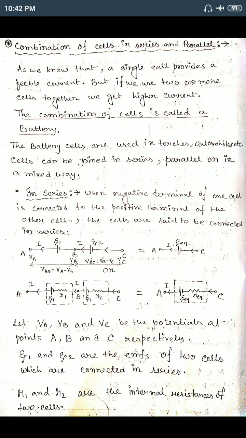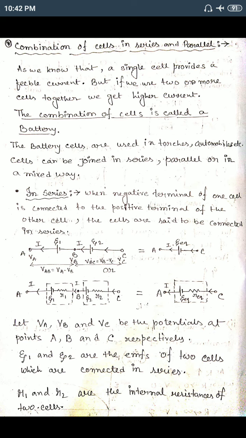If you use the first one, just write that we consider the first cell has EMF E1 and internal resistance R1, and the second cell has EMF E2 and internal resistance R2. If you draw the second diagram, it will be mentioned there; then also write that R1 represents the internal resistance of E1 and R2 represents the internal resistance of E2.